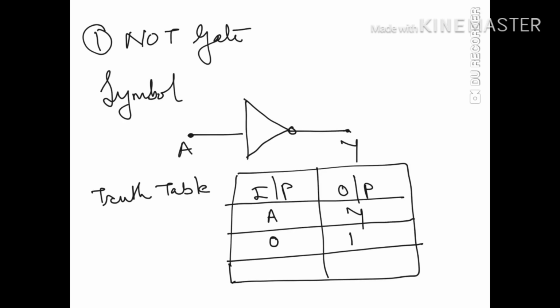And when the input is 1, the output is 0. So it produces an inverted version of the input at its output, and that is why it is called an inverter.